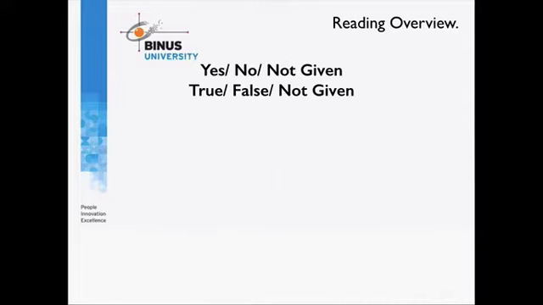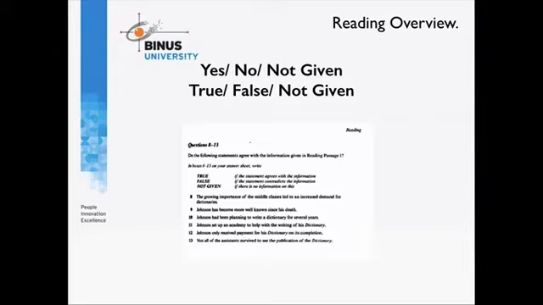Now, the other type of question is yes, no, not given, or true, false, not given. They're basically the same approach and the same kind of questions, but once again, be careful that you write yes or no, or true or false, according to the instructions.